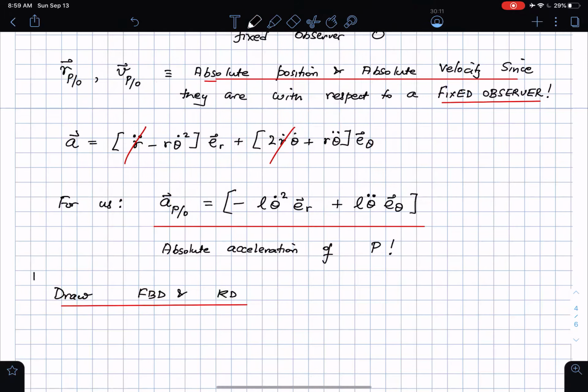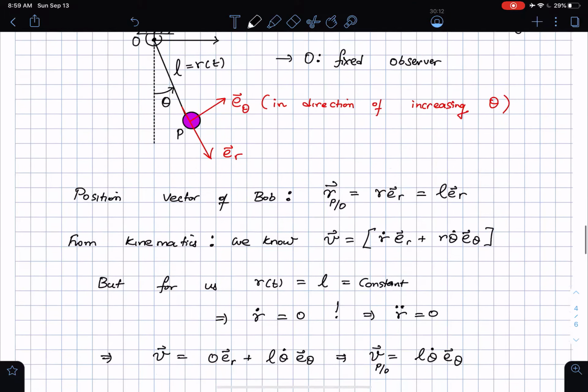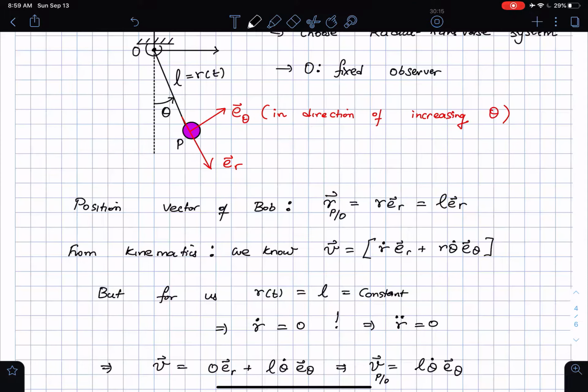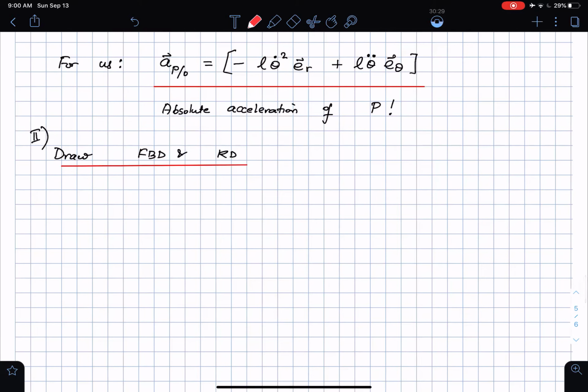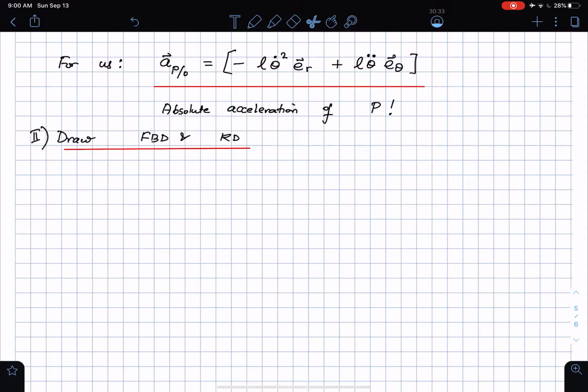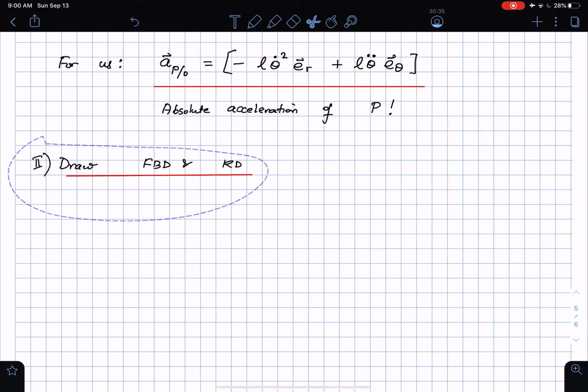First is to do some kinematics, so the first step is kinematics. That was in the radial transverse coordinate frame. And then we come to drawing the free body and the kinetic diagram of these quantities.